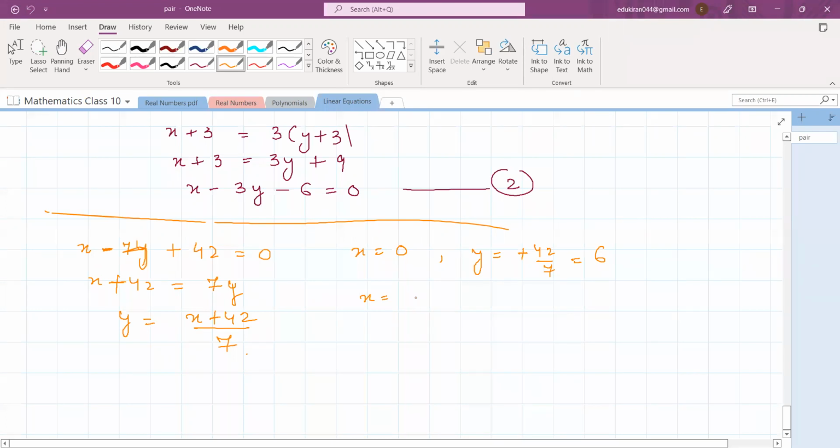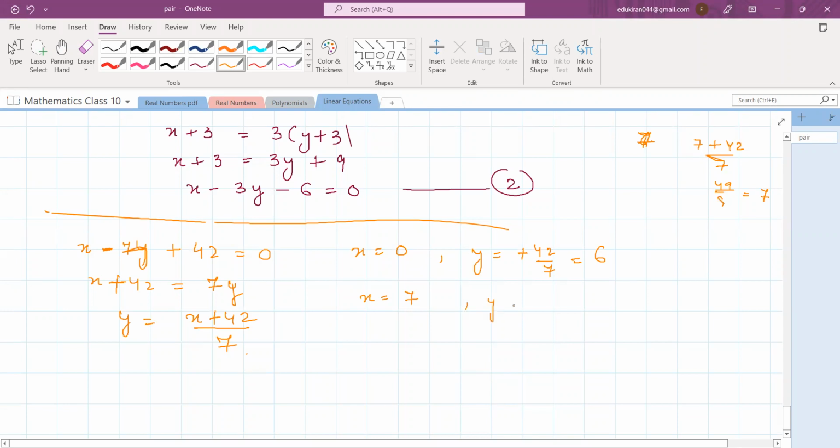Let us try for x equal to 7. So this will be 7 plus 42 divided by 7, which is 49 divided by 7, and that gives me 7, right? So can I take x equal to 7?